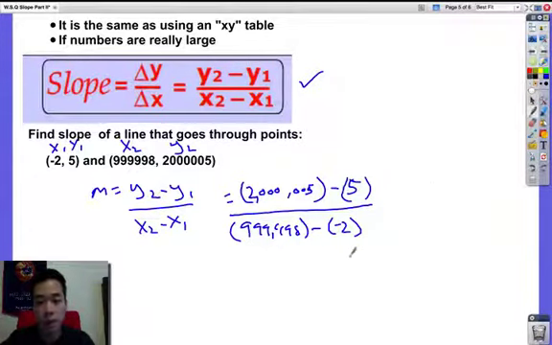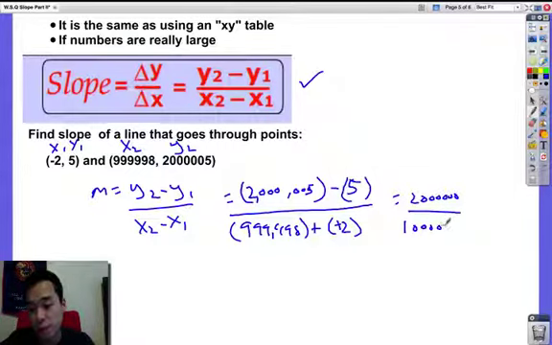And then 2,000,005 minus 5 is just going to be 2,000,000 over 999,998 minus negative 2, which is the same thing as adding the opposite, which is going to end up being 1,000,000.